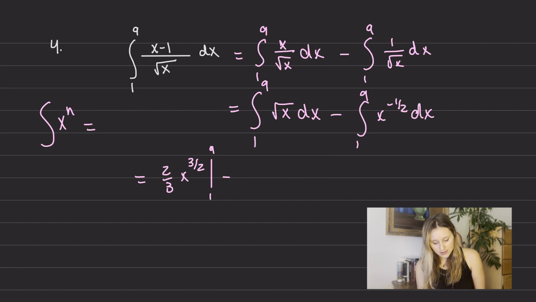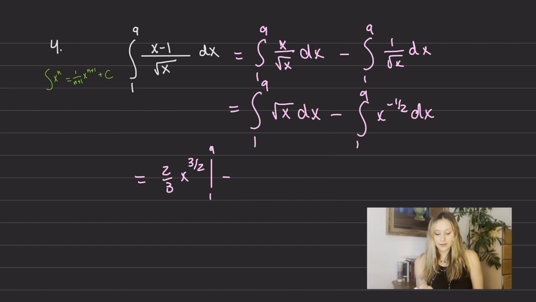The integral of x to the n is going to be x to the n plus 1 over n plus 1 plus c, if there's no definite. Now for the next integral, I'm going to get 1/2 x to the 1/2 evaluated at 9 and 1.